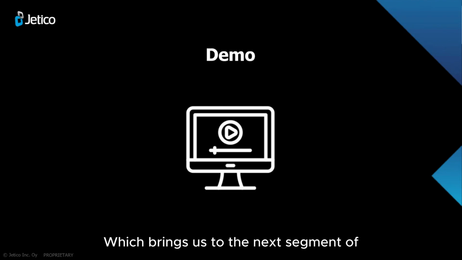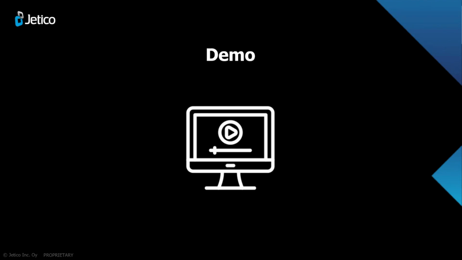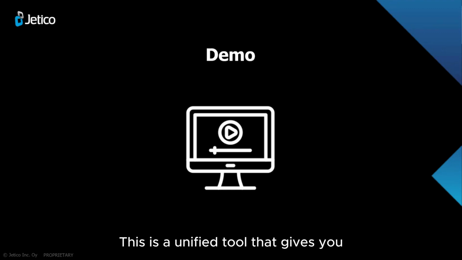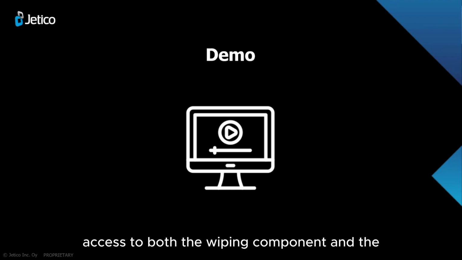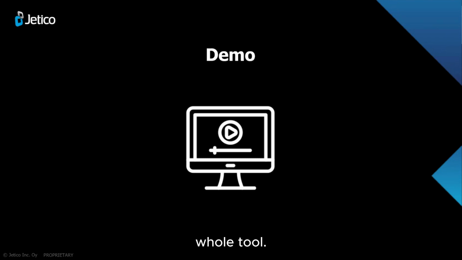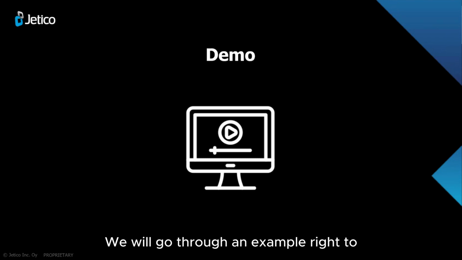Which brings us to the next segment of today's webinar, which is a live demo. During the demo I will introduce you to the Jetico Central Manager console. This is a unified tool that gives you access to both the wiping component and the search component, the data discovery component of this whole tool. We will go through an example right to delete request.